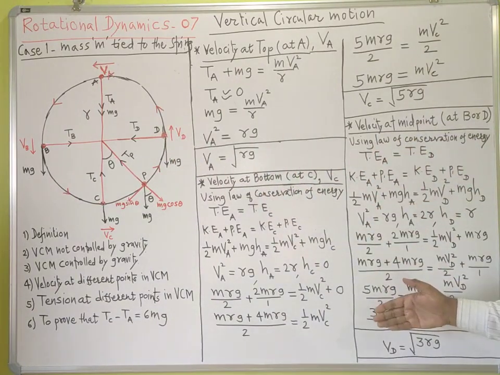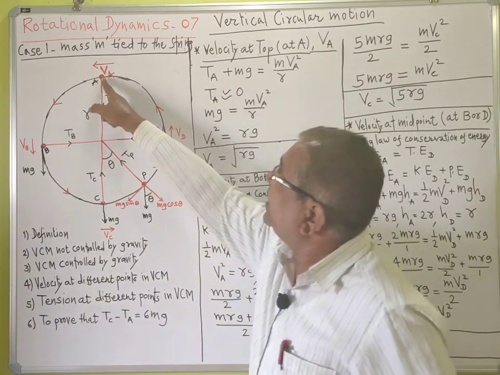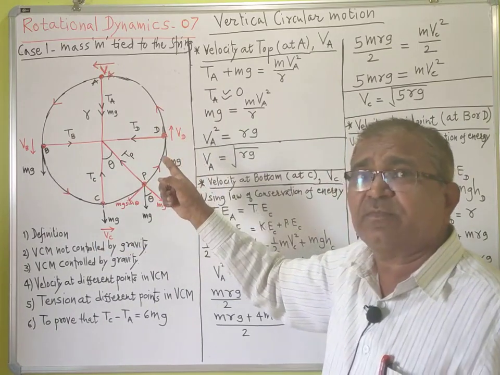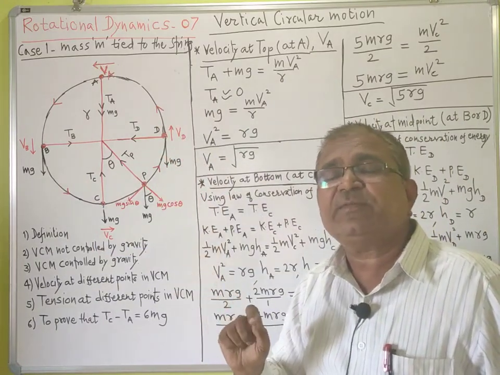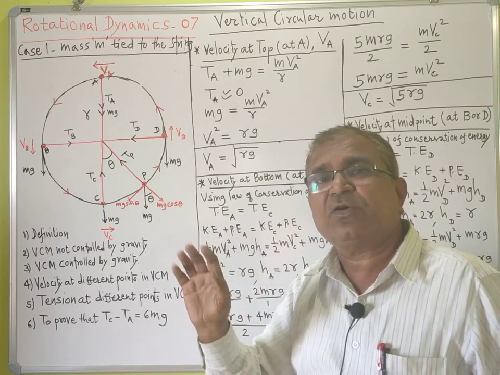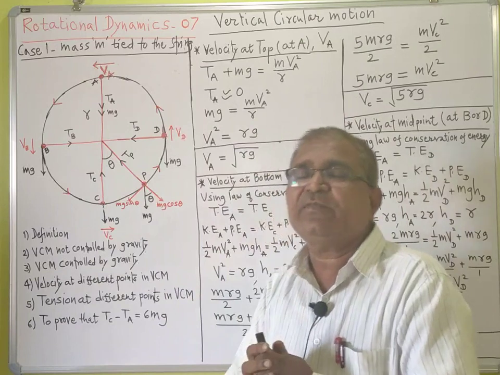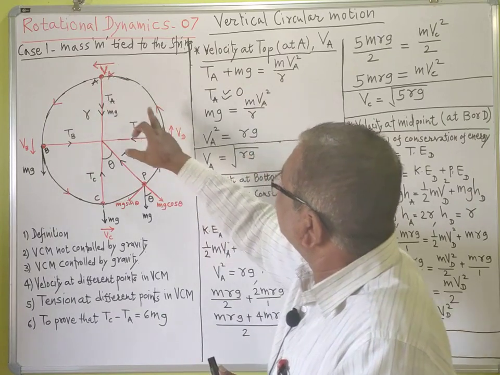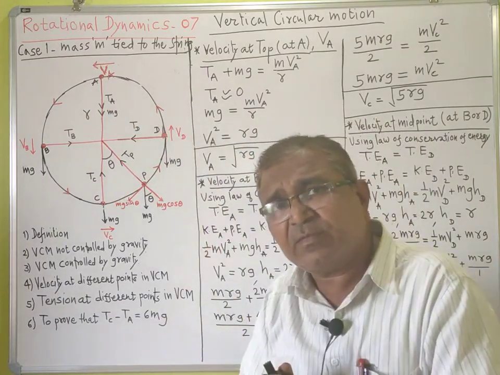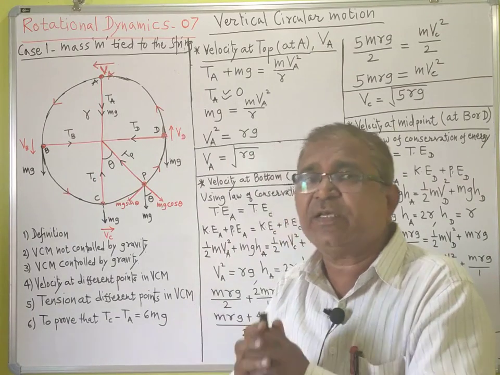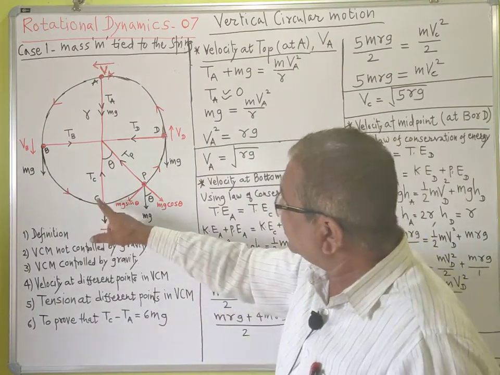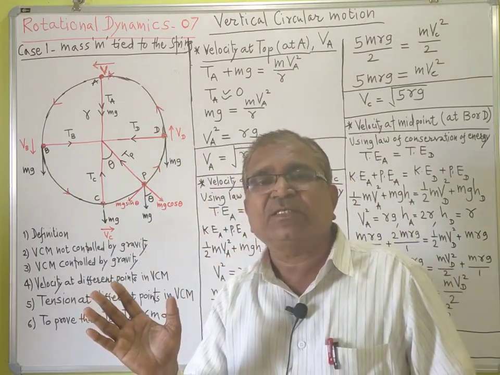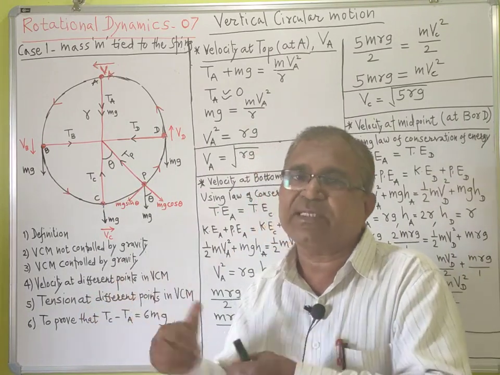I will again take either A point or C point, compare with the D point, and again use the law of conservation of energy. So for our convenience, I will again take A point, and total energy at A point will equal total energy at D point. In a similar way, we can also write total energy at C point is equal to total energy at D point. By considering this also, we get the same derivation.